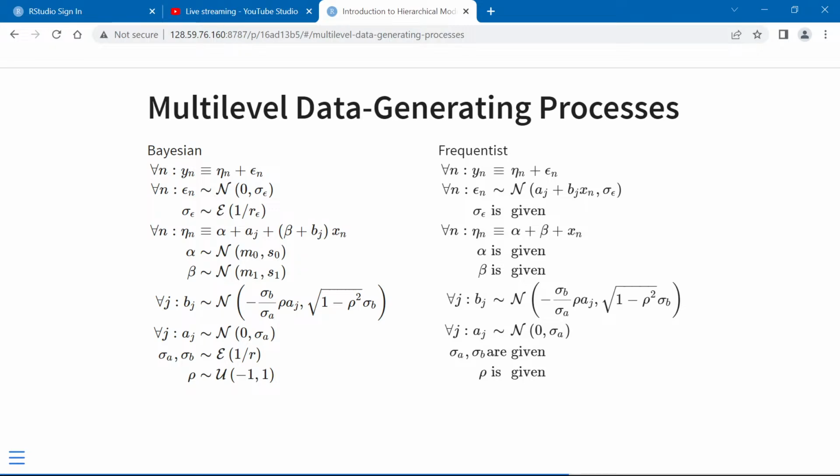Anyway, so we have that, and then given the parameters for the standard deviations and the variances. You might say, well, I know frequentists do simulations sometimes, but if they're just going to assume all the parameters are given, what's the point? That's another good question.